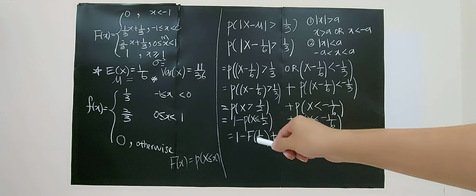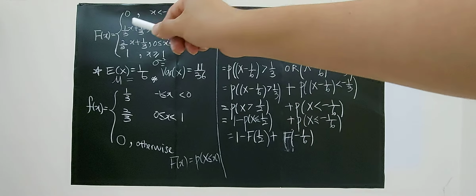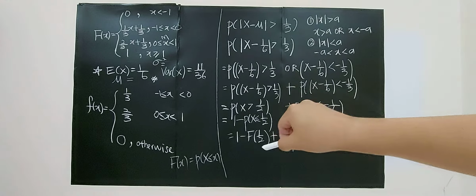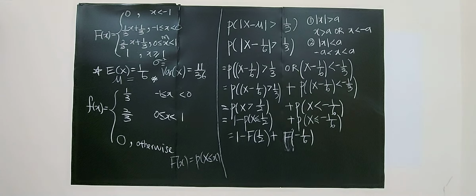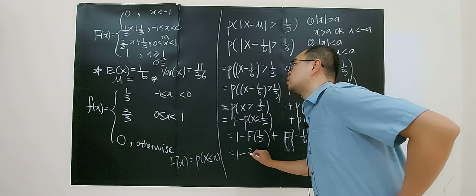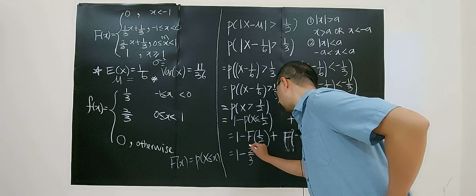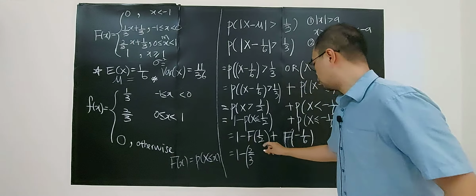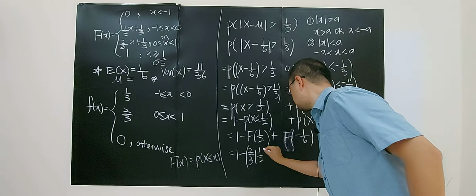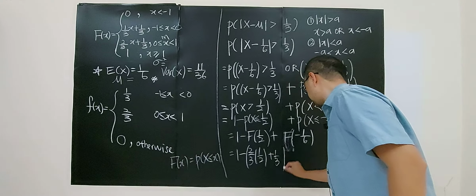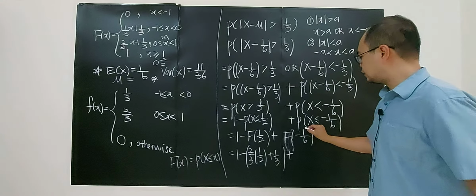So now, you look at the cumulative here, 1 over 2 is between 0 and 1, right? So you substitute the 1 over 2 into the function here. So you will have 1 minus 2 over 3, putting a bracket, 1 over 2, plus negative 1 over 6.